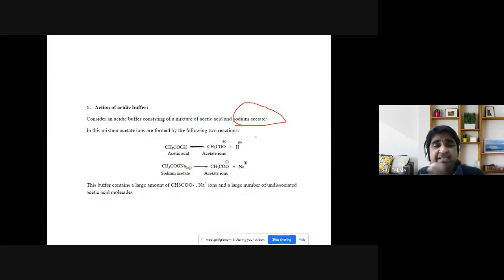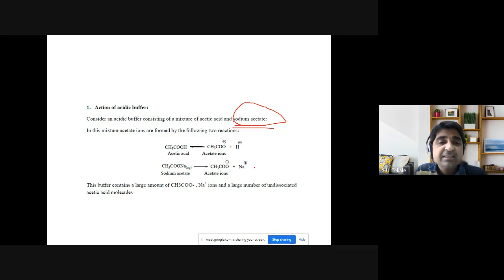Now in this acidic buffer solution, there will be two kinds of dissociation. The first is an equilibrium between the undissociated acetic acid molecules and the dissociated ones, so acetic acid will dissociate into acetate ions and H plus ions. At the same time, sodium acetate will dissociate into acetate ions and Na plus ions.